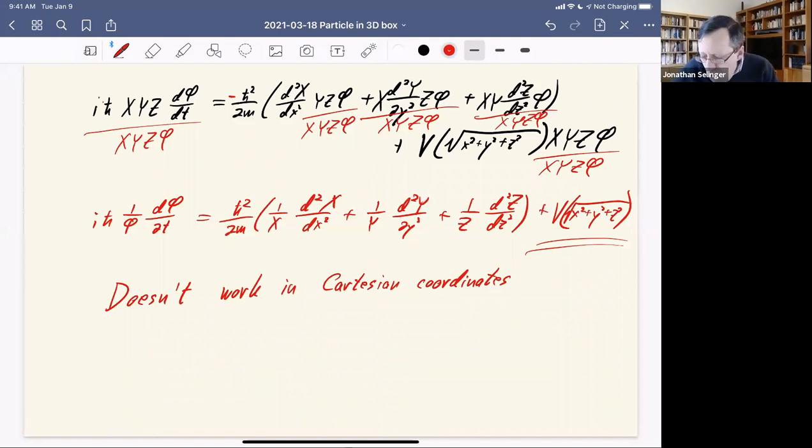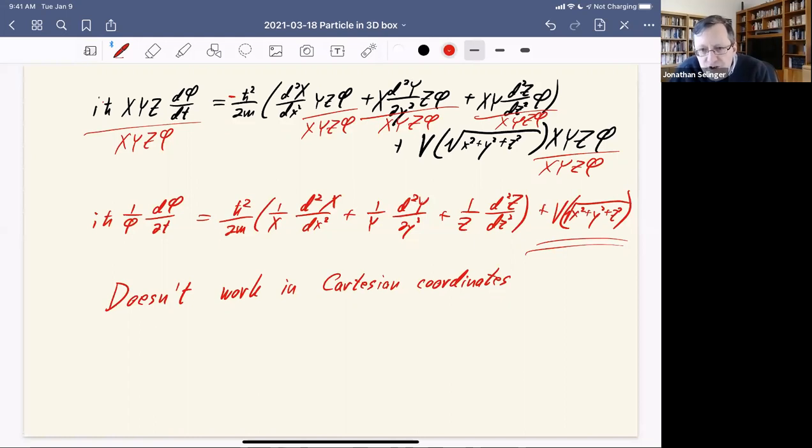Okay, so there's an alternative, right? Instead of giving up on separation of variables, we could give up on Cartesian coordinates. We could say maybe there's some other coordinate system where the separation of variables will work.